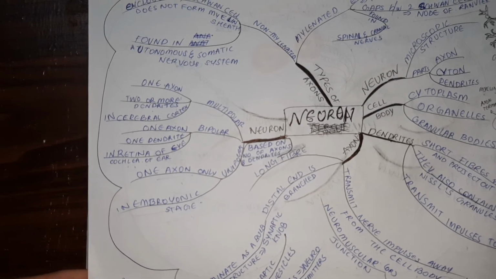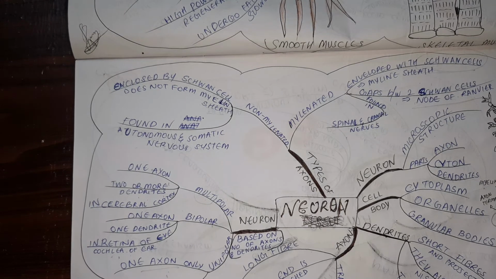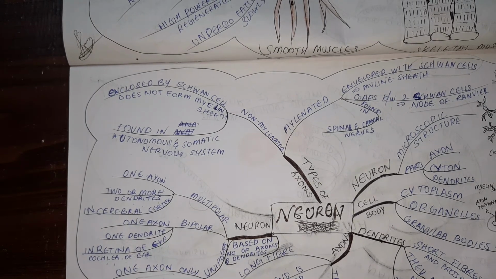Now, the types of axons are based on whether they have the myelin sheath or not. So, they can be myelinated or non-myelinated. Myelinated means the axon is enveloped by the myelin sheath, and the gap between the Schwann cells is known as the node of Ranvier. In this portion where the node of Ranvier is present, it is not covered by the myelin sheath.